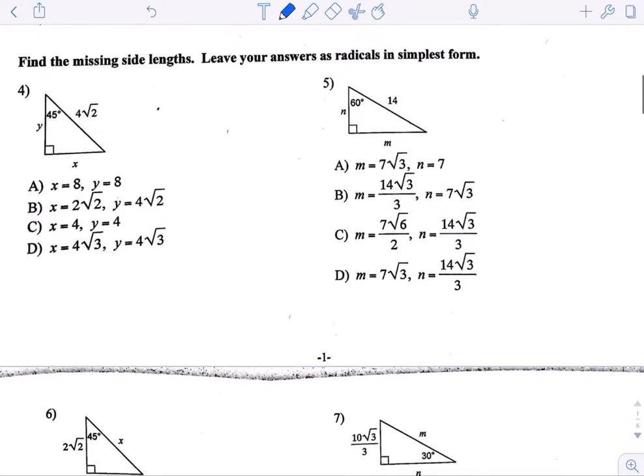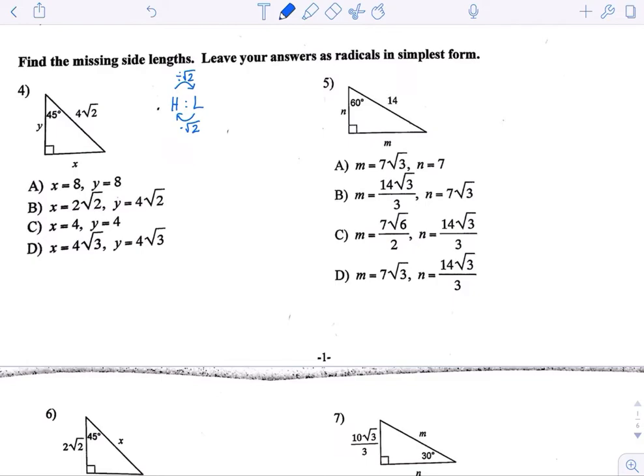Okay, number 4. This is where you have your 45, 45, 90 and your 30, 60, 90 degree triangles. For 45, 45, 90, you are going to have a hypotenuse and a leg. To get from hypotenuse to a leg, you have to divide by radical 2. And to get from leg to hypotenuse, you just multiply by rad 2.